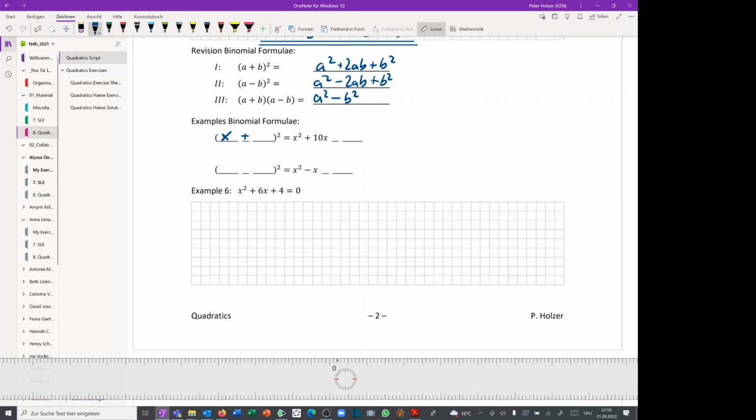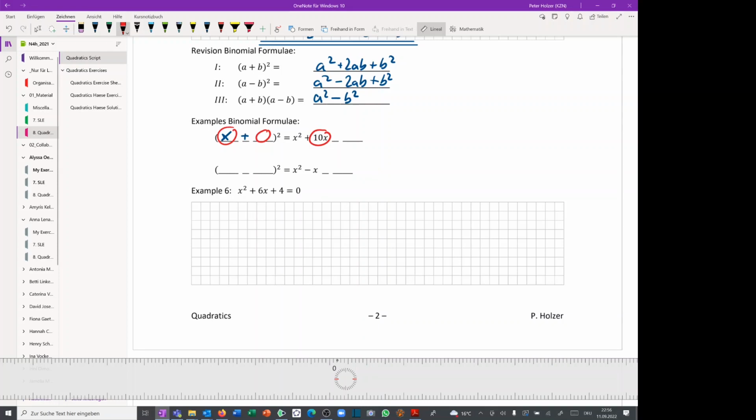And then when we are in the first binomial formula, which doesn't matter first or second, the middle term, the central term, is 2ab, so it's 2 times a times b, or in this case 2 times x times whatever is missing here is 10x.